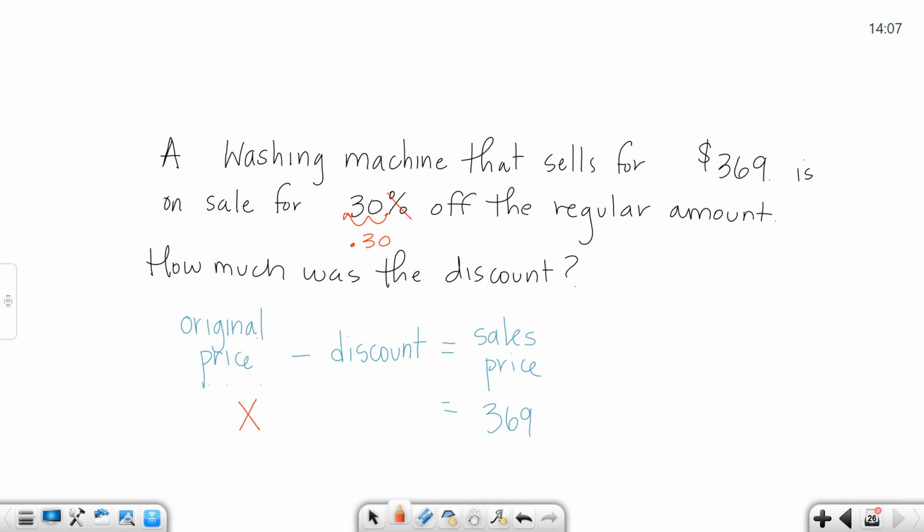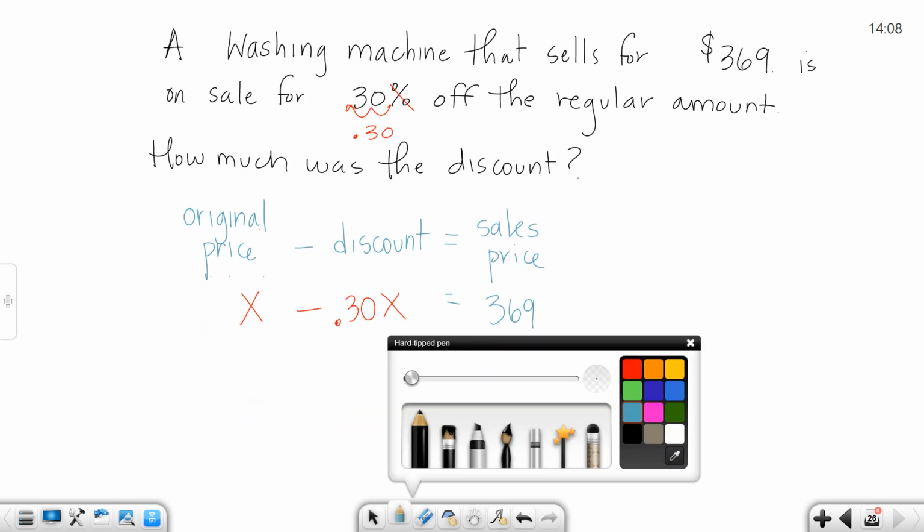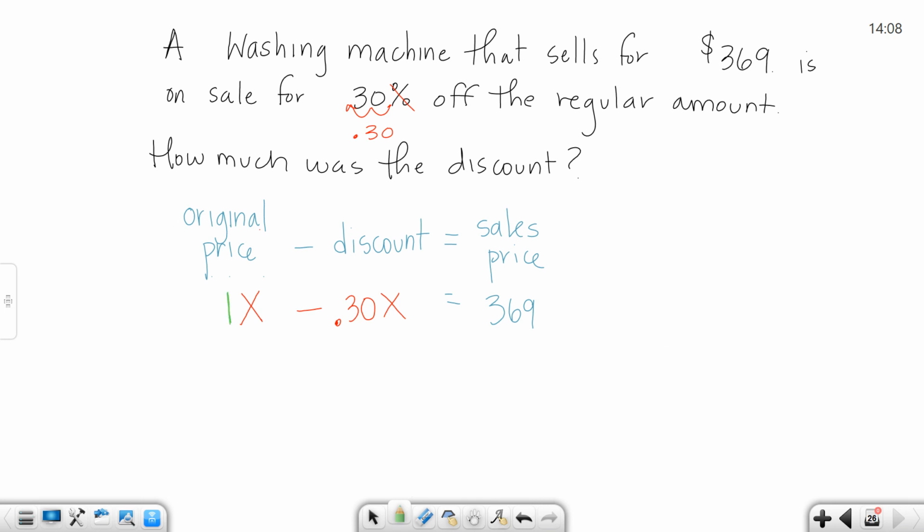So you're going to have your original price minus your discount. And your discount is 30% of the original. Now in front of this red X that you see on the front, there's an understood 1. So if you take 1 minus 0.30, you get 0.70.